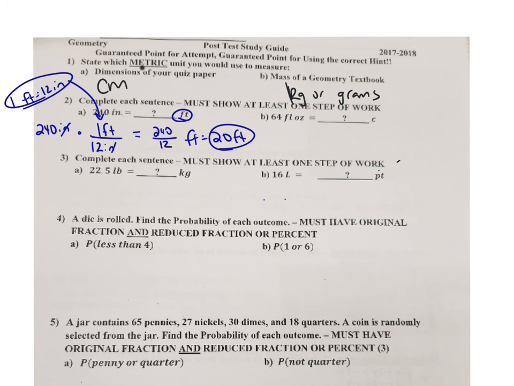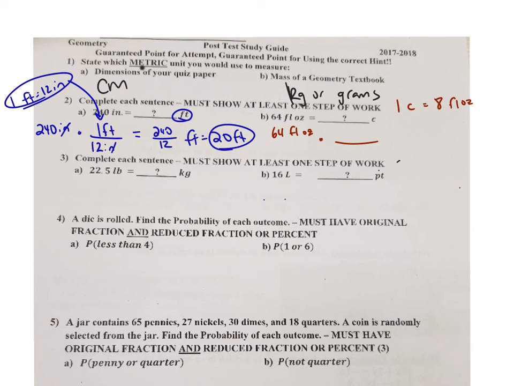Alright, 64 fluid ounces. So 64 fluid ounces in cups. I have 1 cup equals 8 fluid ounces. That's my conversion, so I'm going to write it out. 64 fluid ounces, I'm going to multiply.